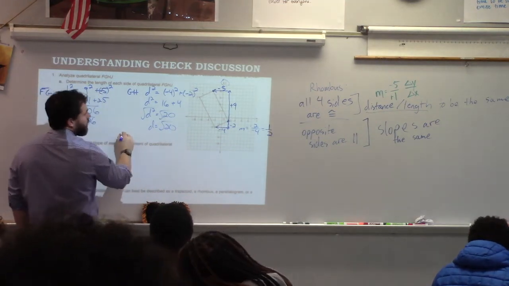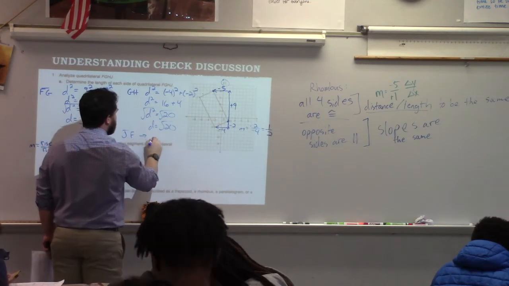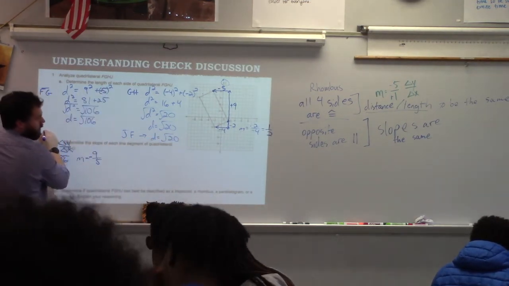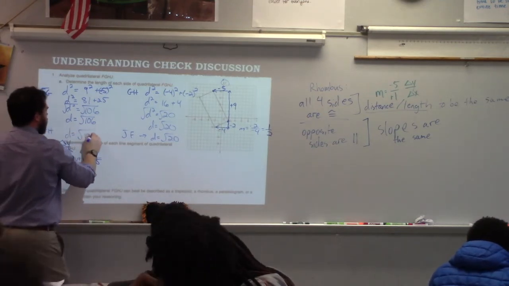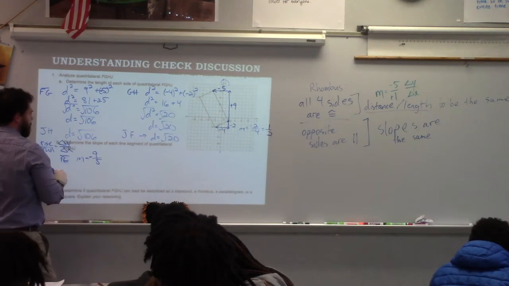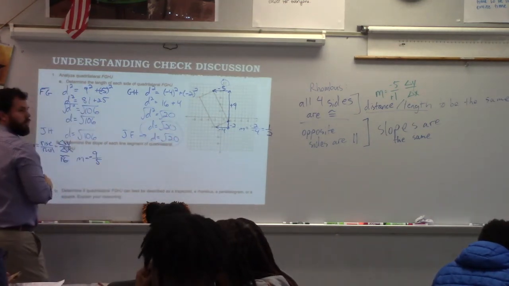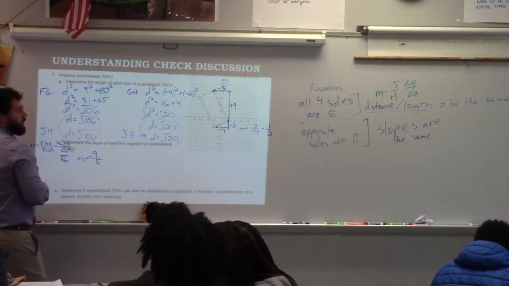Now, if you check yourself, JF also has a distance of the square root of 20. JH, please note I am not showing the work for it because we got to move. So you see how these two sides are congruent? And these two sides are congruent? It's looking pretty good that this is a what?